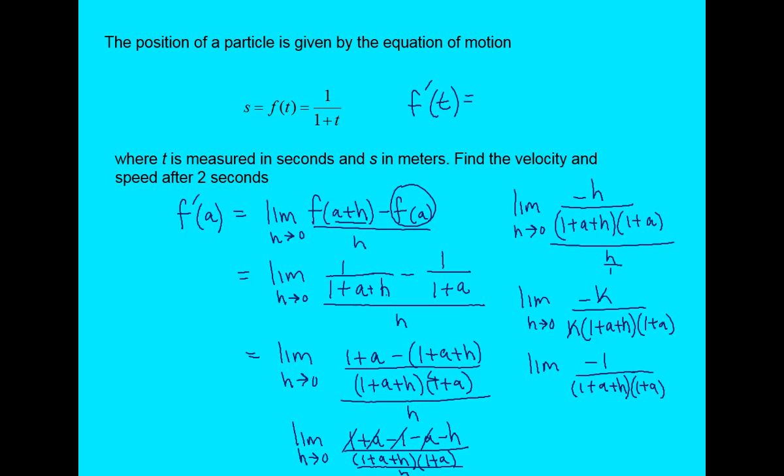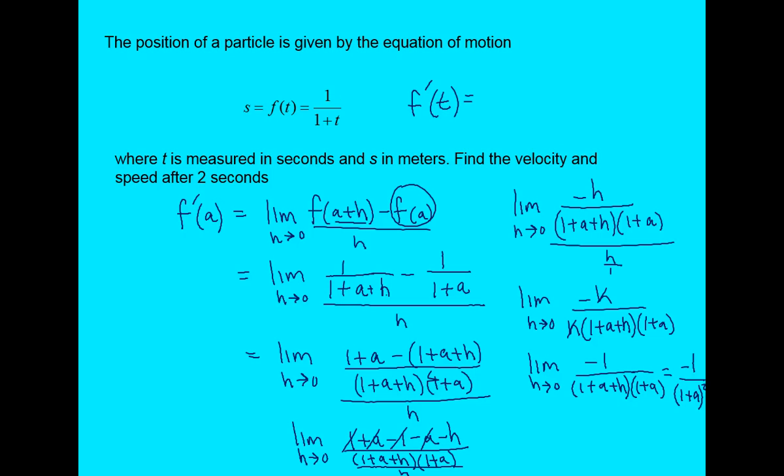And now we can use direct substitution. As h goes to 0, we're going to plug in 0 for h. So we would get -1 divided by, if h goes to 0, we have 1 plus a times 1 plus a, which would be 1 plus a quantity squared.